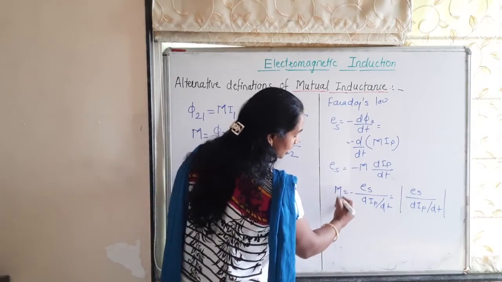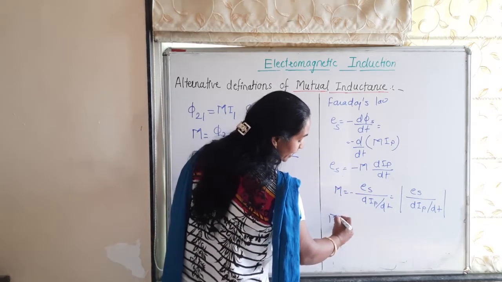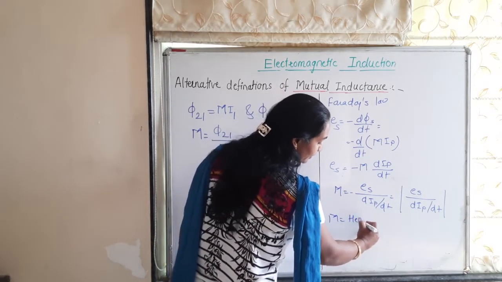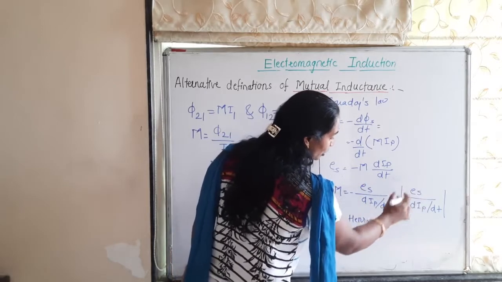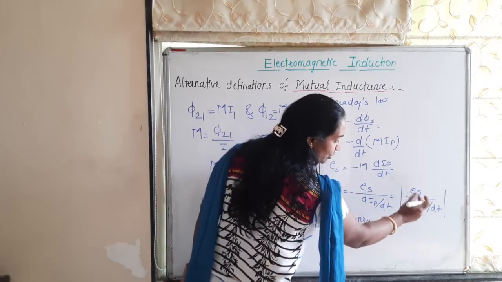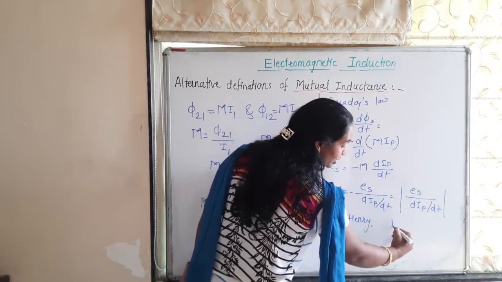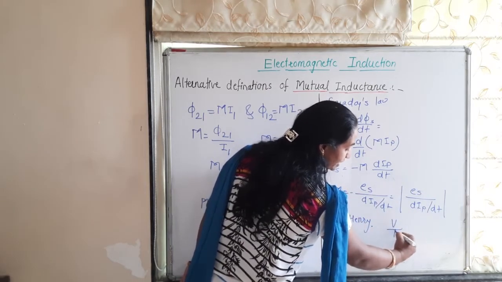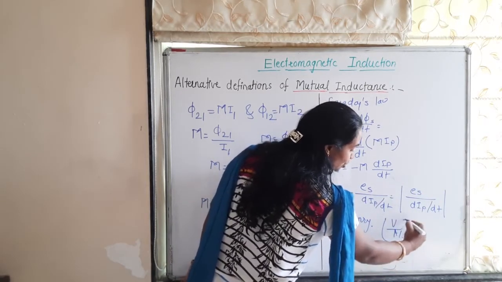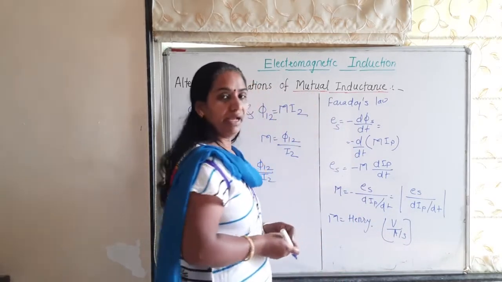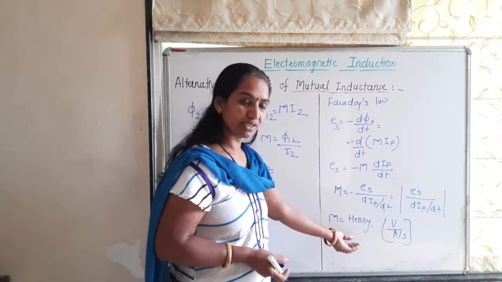The SI unit of mutual inductance is Henry. According to this formula, the unit of EMF is volt and of current rate is ampere per second. This is called the Henry.